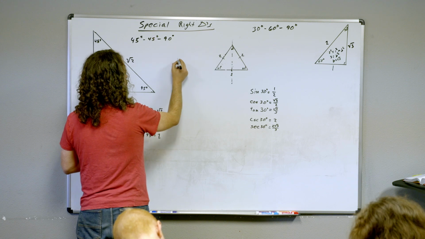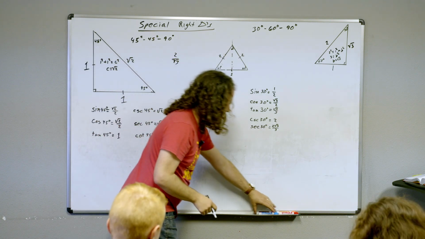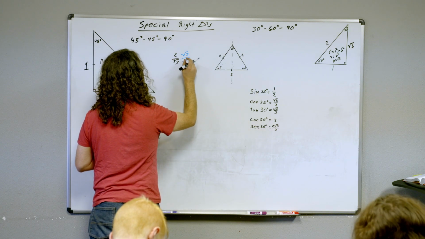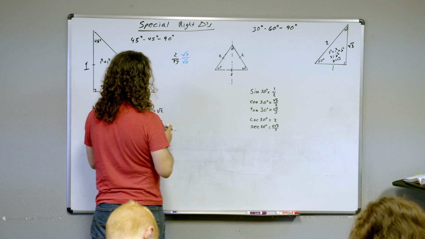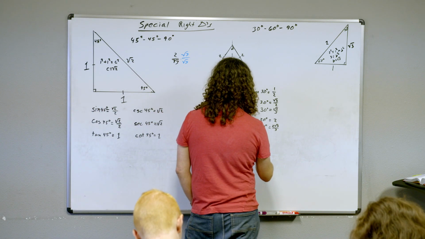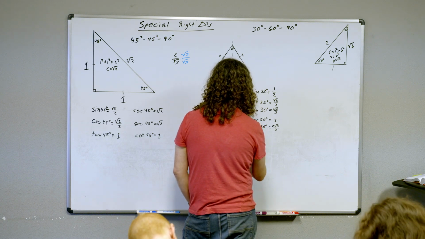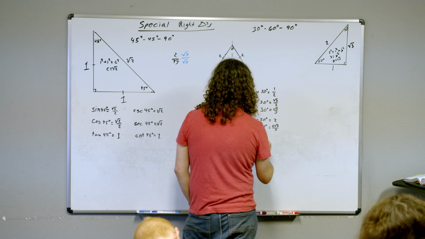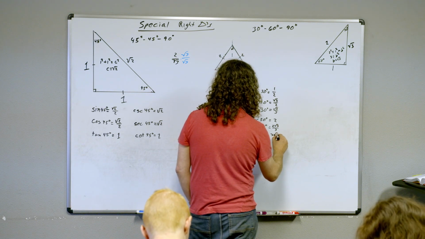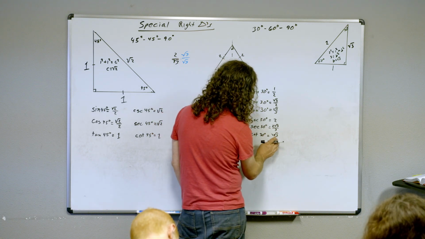It'd be 2 over the square root of 3, and then we rationalize it, so times the square root of 3 over the square root of 3, which gives us that. And then the cotangent, same idea, we have to rationalize. Cotangent of 30 degrees would be 3 times the square root of 3 over 3, which reduces even further to the square root of 3.